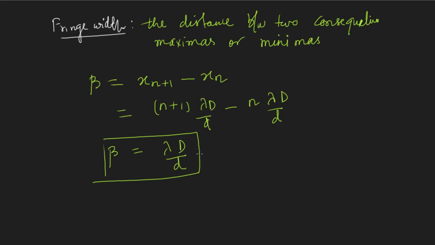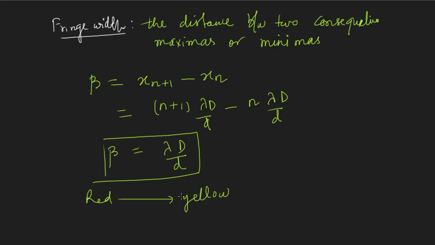Now from this expression, what do I infer? If I change lambda, for example, if I'm going from red to yellow light, lambda decreases. So from this expression, beta also decreases. Similarly, if I decrease the distance between two slits, then my beta will increase.